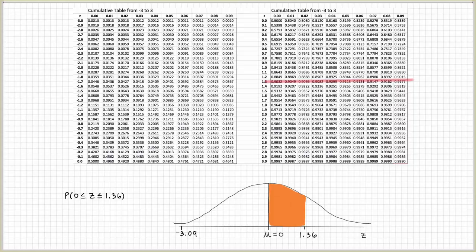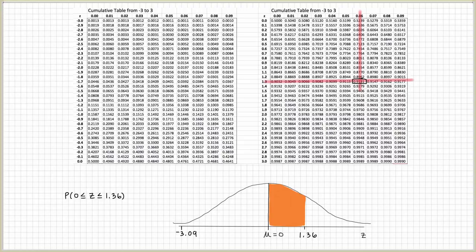The hundreds place, we look on the top, and 6, there it is. So that's telling us that 1.36 or $1.36 gives us an area of 0.9131. So 91.31%.